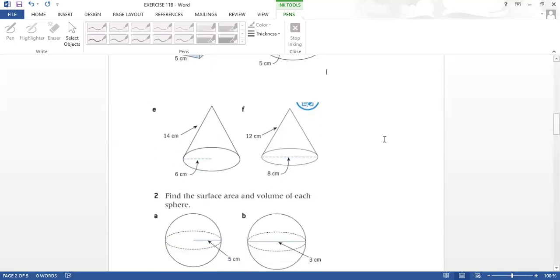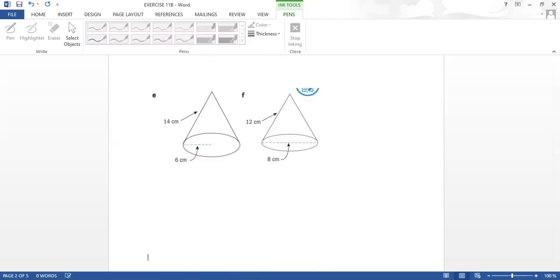Okay, part E has two cones, which is similar to what we did in the other part. So part E, you will still have your surface area being given by base area plus the curved area, or curved surface area.